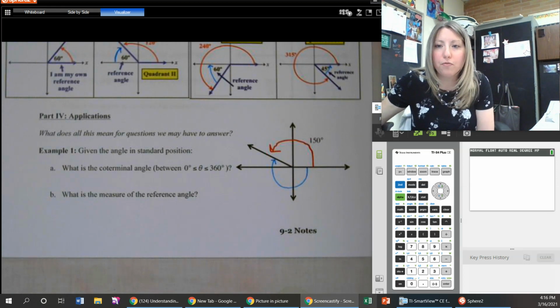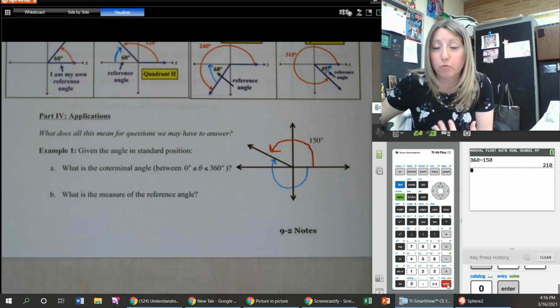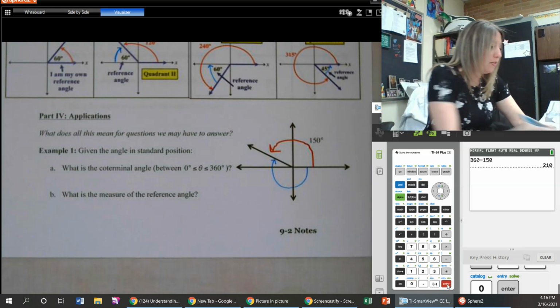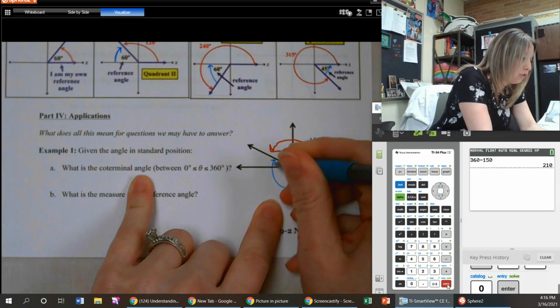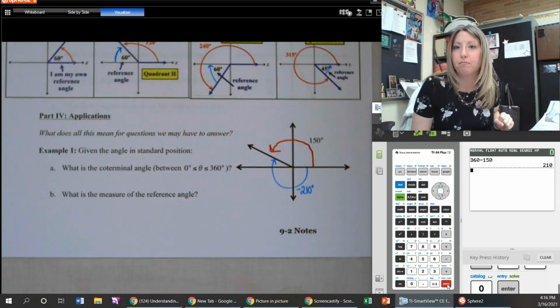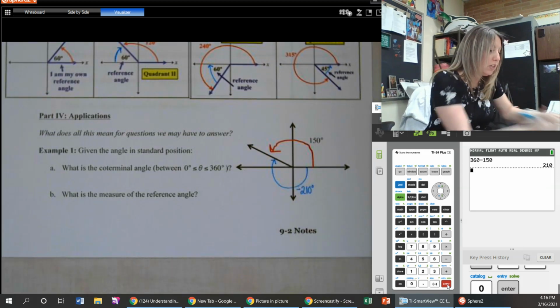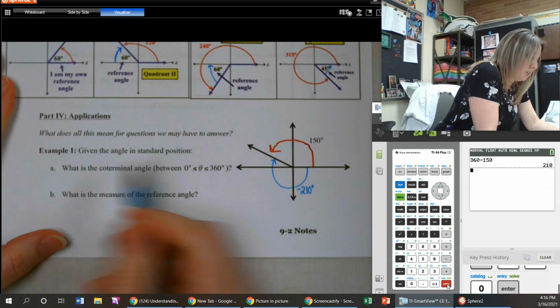So if I take 360 and subtract the angle measure I already know, which is 150, I get 210. That means because I'm going this direction, this is a negative 210 degree angle, because I'm going clockwise with it. So again, there we are.